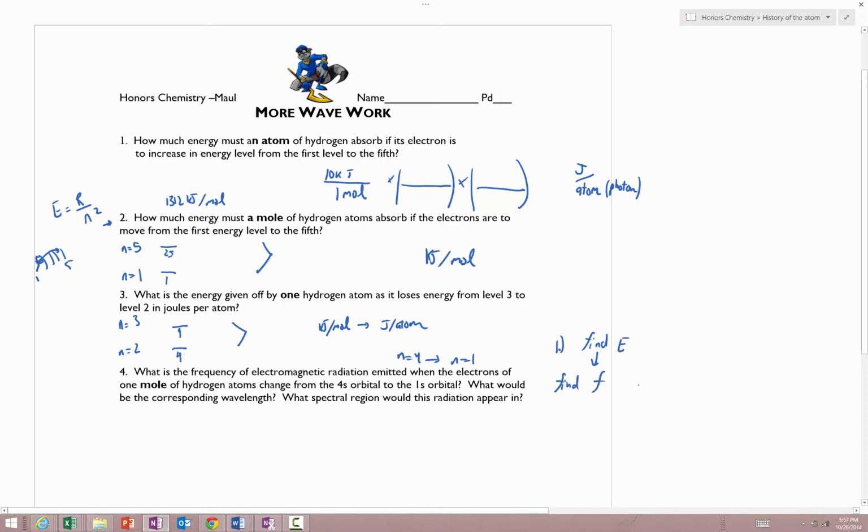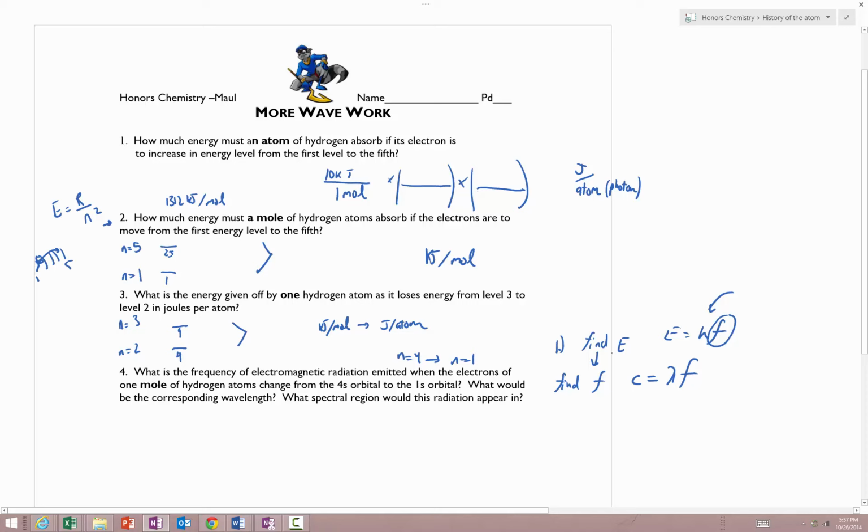Energy is equal to h times f. Once we find the energy, we're going to find our frequency using our equation with Planck's constant. We're going to have to use that alternate Planck's constant we derived in class.